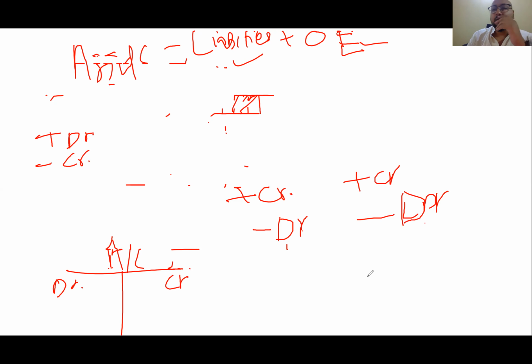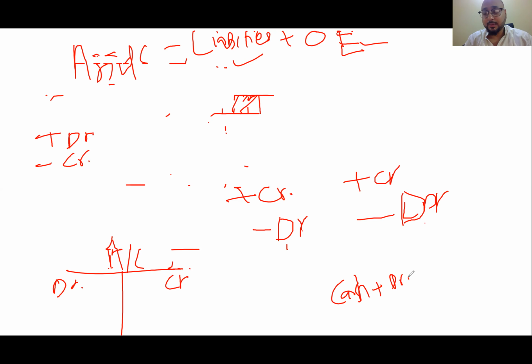And what are the rules for a journal entry? We pronounce from debit, and then we pronounce to, and then credit. If cash is received from the customers, cash is coming into the business, and cash is an asset. Asset increase means cash is increasing, which means debit.